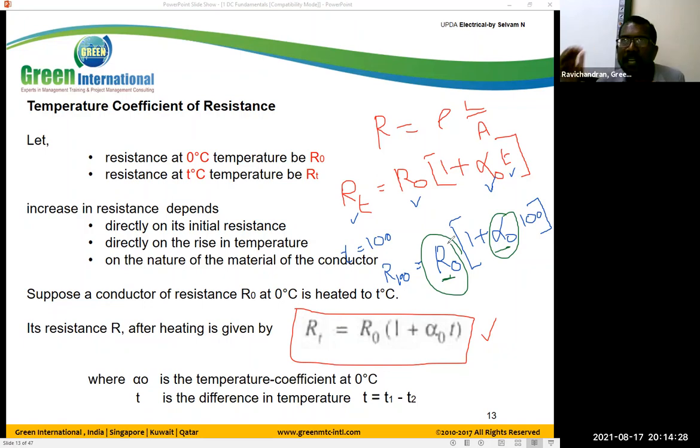For copper, they already define one value. For copper at 0 degrees Celsius, we have this much resistance, and the temperature coefficient is this much. So it's a predefined value.